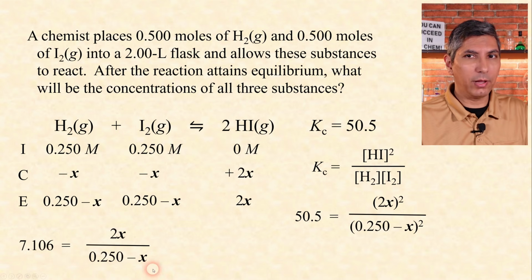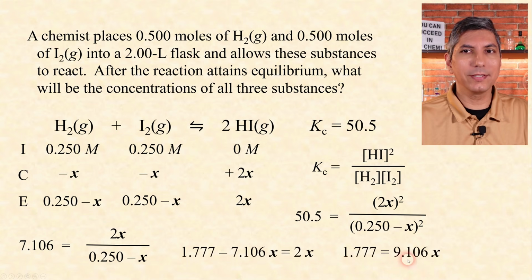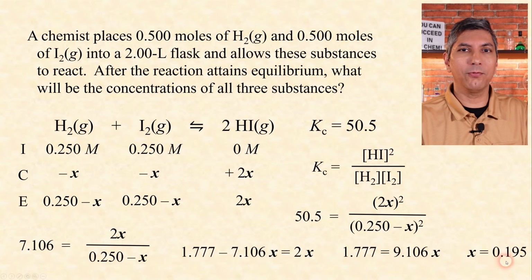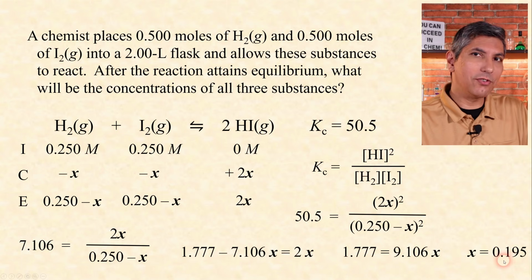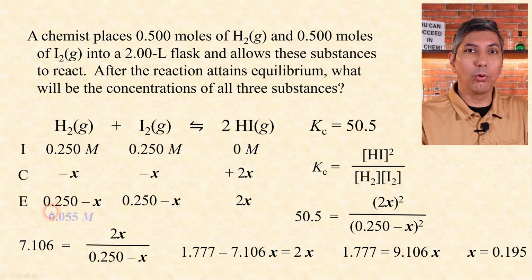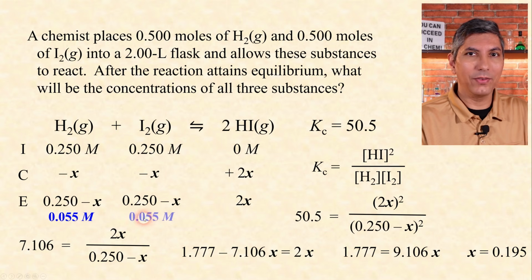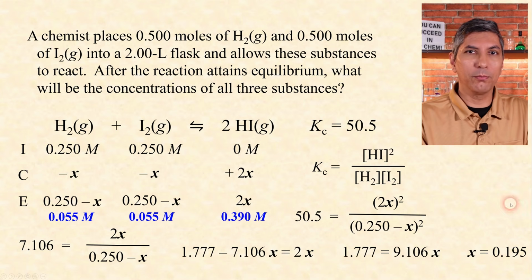We can cross multiply and add like terms, then divide both sides by 9.106 to find that the value of x is 0.195. Now, we can plug that value for x into each of those equilibrium quantities and find that the equilibrium concentration of hydrogen is about 0.055 molar. It's the same for iodine. And for HI, it's 2x, which is 0.390 molar.